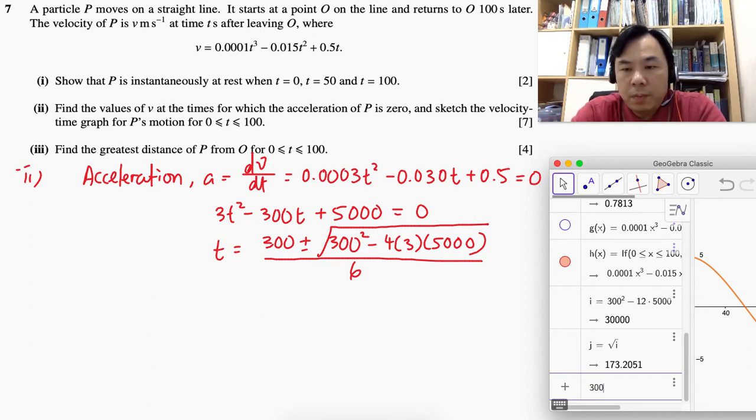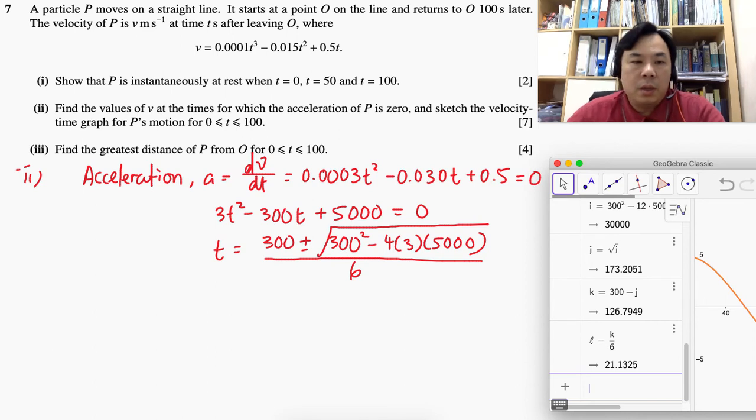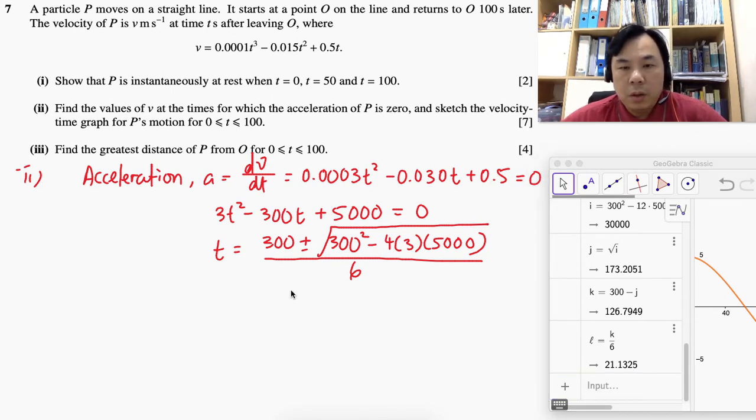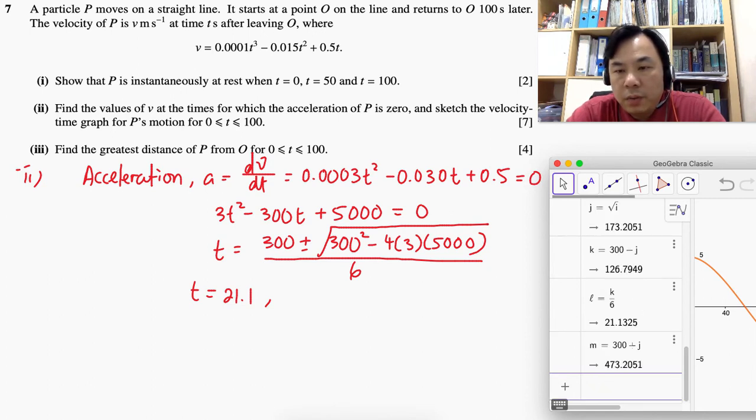So 300 minus the square root, divided by 6. Therefore, I will be able to obtain t is equal to 21.1 seconds. Or the second one, I take the plus the square root itself, so therefore divide by 6.